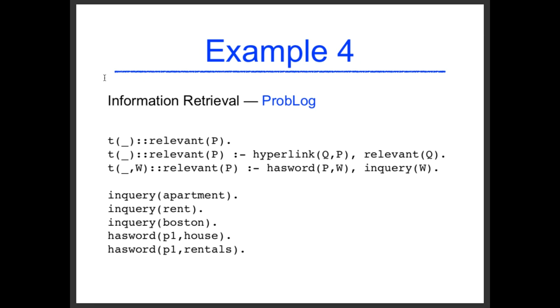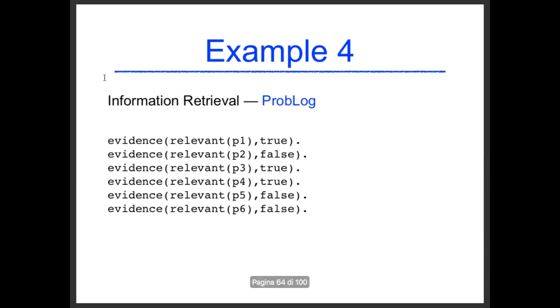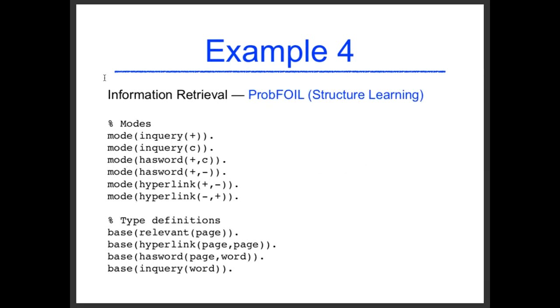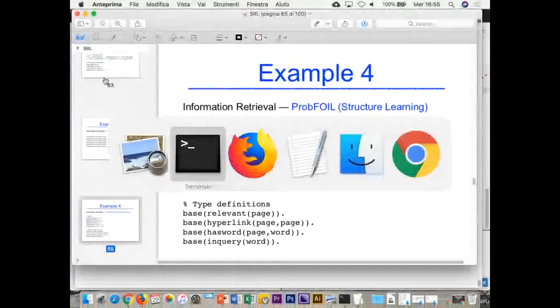And you have your database of ground facts, and you have the query predicates in your data file. But what is interesting, and I want to show that both for ProbFoil and also for CP-Logic, is that you can perform structural learning. And this is something that actually doesn't work well for Markov logic. Let's try.